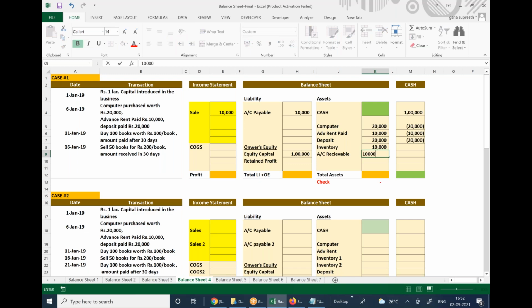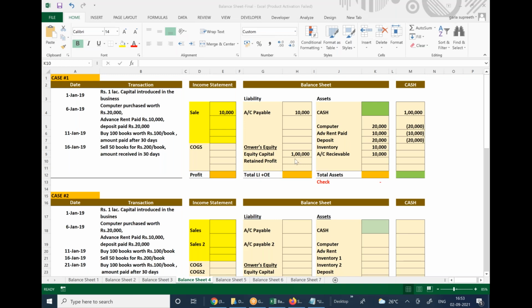There also it increased by 10,000. Is this clear until here? If I am fast, let me know. All right, now everybody is responding.